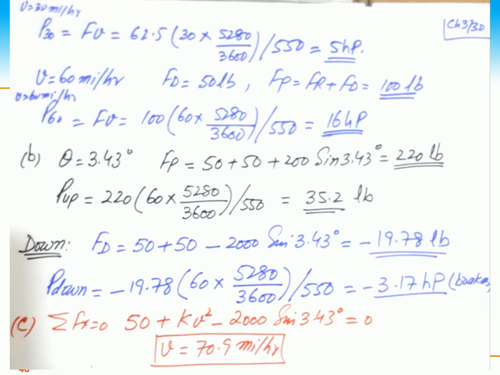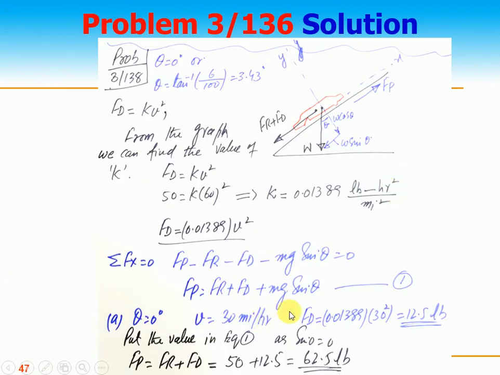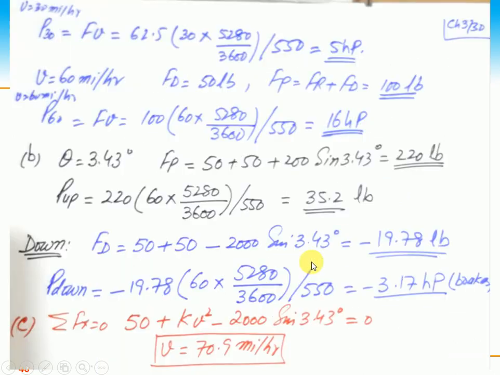Now the next question is moving up the hill at a 6% incline, which is angle 3.43. So F is equal to 50 plus 200 sin 3.43, which is equal to 62. Same equation, I put the value of mg sin theta. But this component of the weight must also be included, and more power is required.